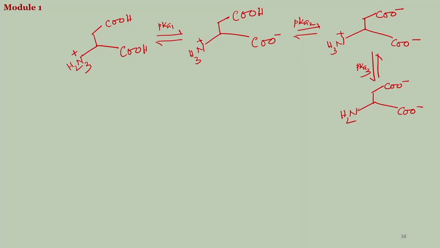Ideally, we are trying to calculate the concentration of the zwitterionic form. So where is the zwitterionic form? Where the net charge is 0. So here if you calculate the charges, the net charge is plus 1. This is where it is 0. This has a charge of minus 1.